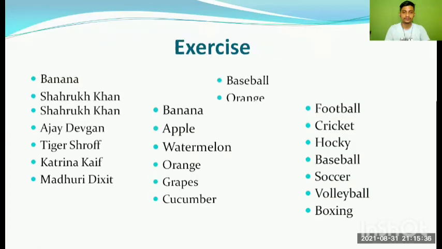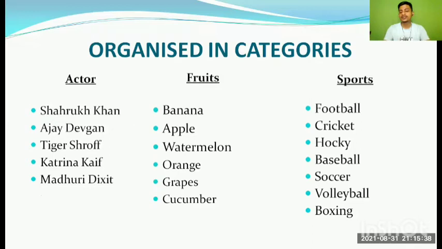Let me share the screen again. See, that's how you can remember more. Our brain, our memory is like a very huge room.